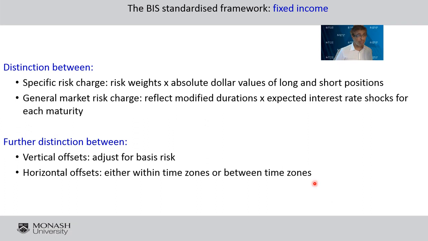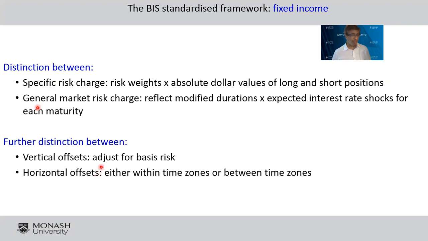There is a distinction between specific risk charges, which are the risk weights on the absolute dollar values of long and short positions, because we have two positions and you have to take the difference between them, and the general market risk charges. The first is related to specific firms, and the second is related to the market.